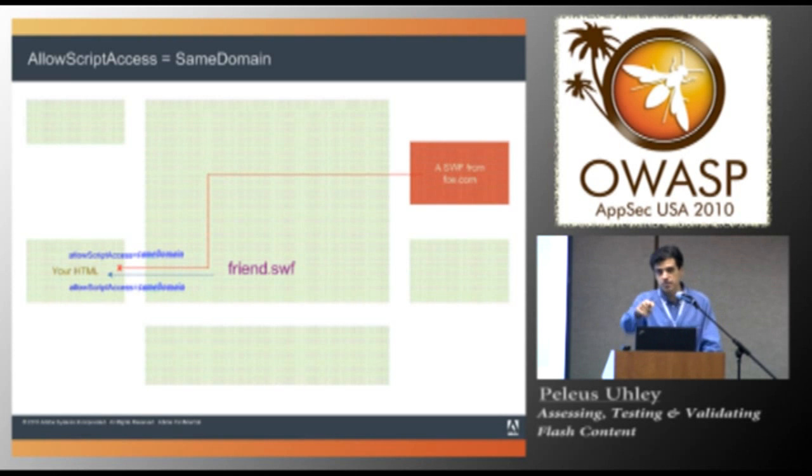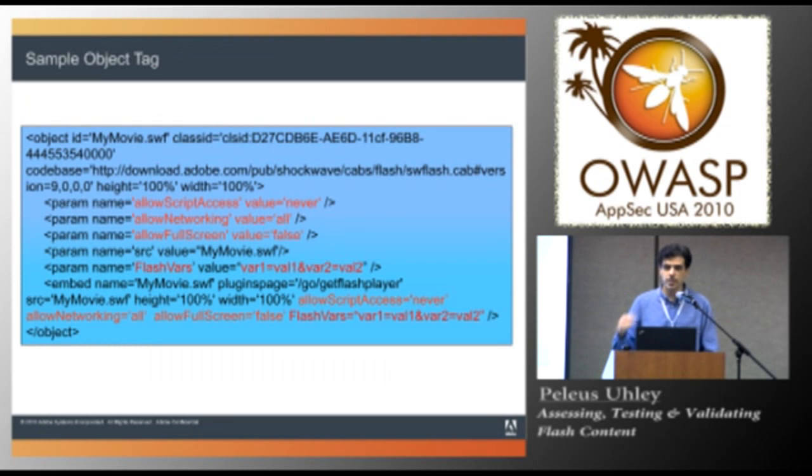So, yes? When you set this, is this particular setting set when you are on a website, or is it a universal setting on your machine? No, it's set by the HTML that's loading the Swift. So here I have some HTML. It's a standard object tag that you would see within an HTML page.